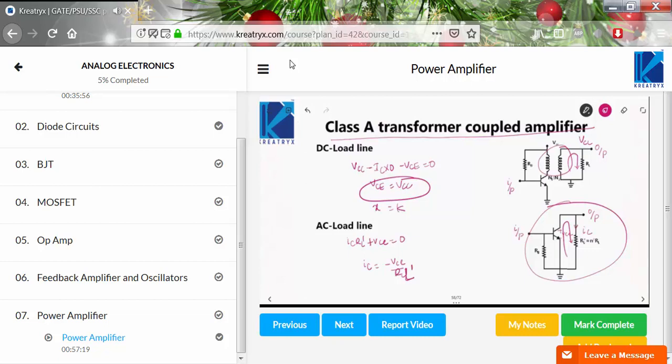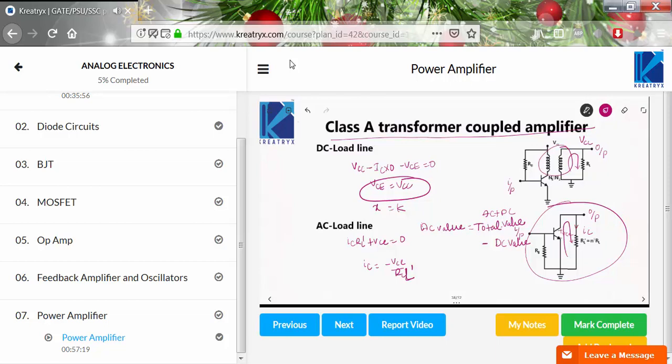right? Now this is the AC value, right? Now it can be written as AC value in terms of total value and DC value. AC value equal to total value minus DC value. Total value is nothing but AC plus DC, right? So AC value is nothing but AC plus DC minus DC, which is AC value only.